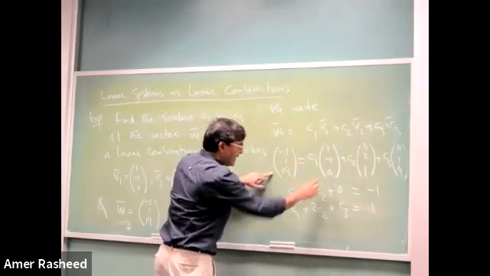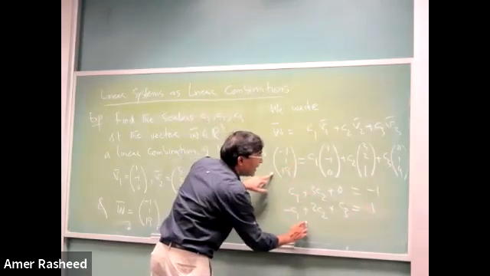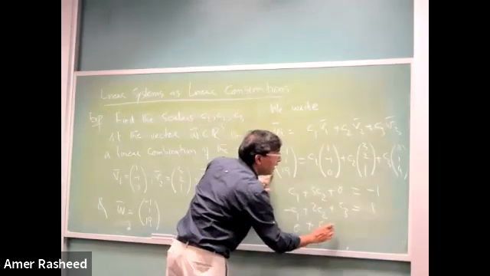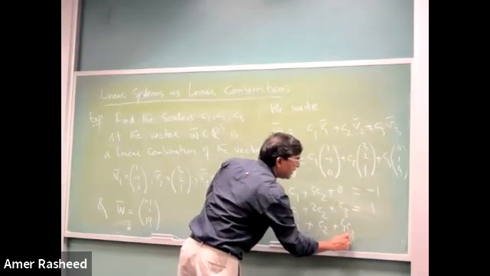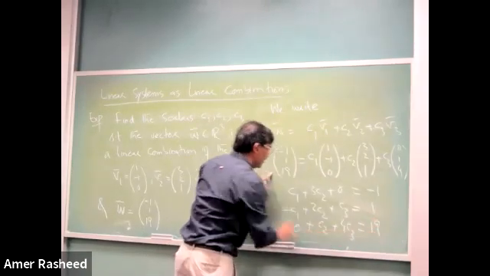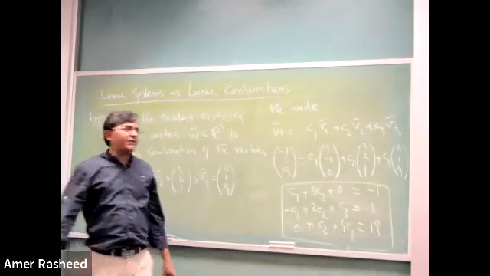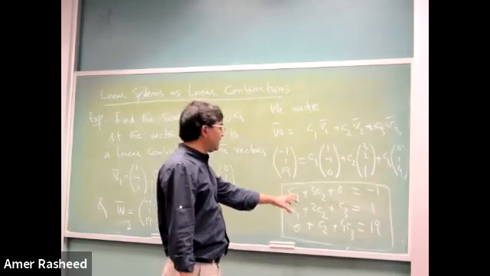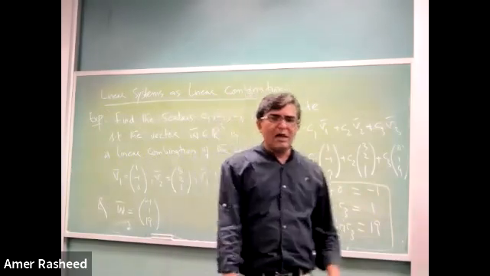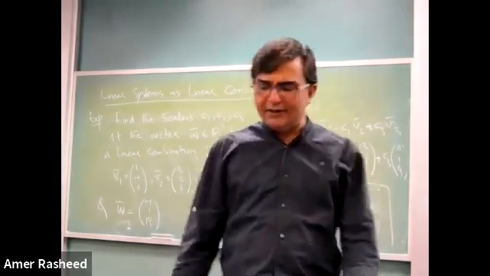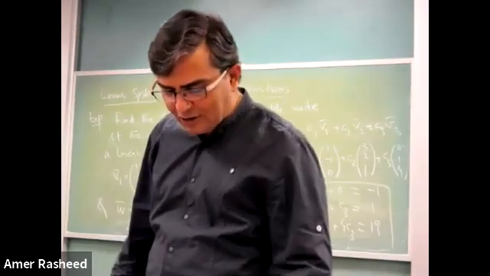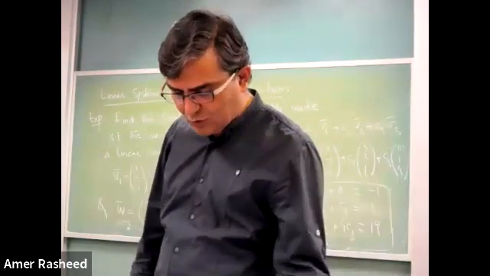And the third? Here 0, plus C2 and plus 4C3 is equal to 19. So you get this non-homogeneous linear system. And the unknowns in this system are C1, C2, and C3. After solving it, we can find the values of C1, C2, and C3.